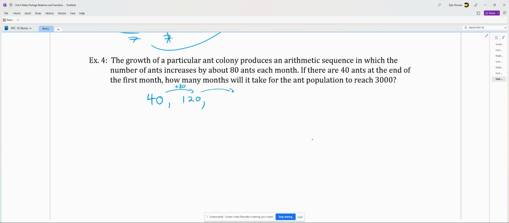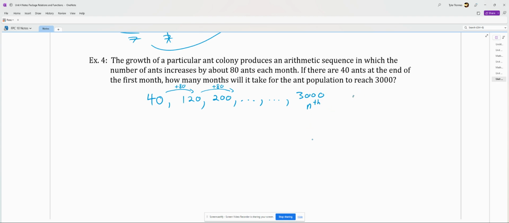And let's add another 80 to see the pattern in the first 3 terms, first 3 months, I should say. And we're going to get 200 and so on. So we need to figure out, if we keep going and going, when are we going to approximately have 3,000 ants? What is this nth month?